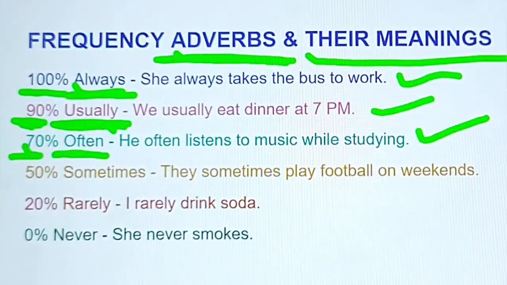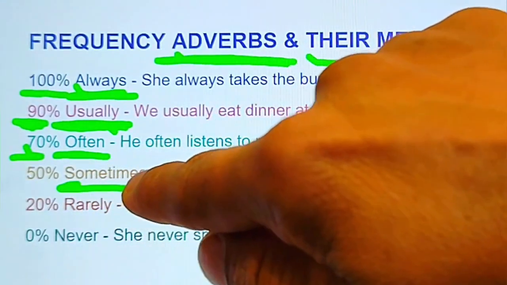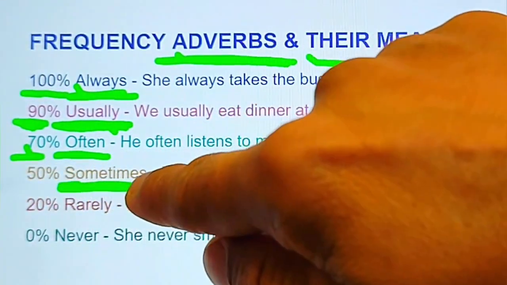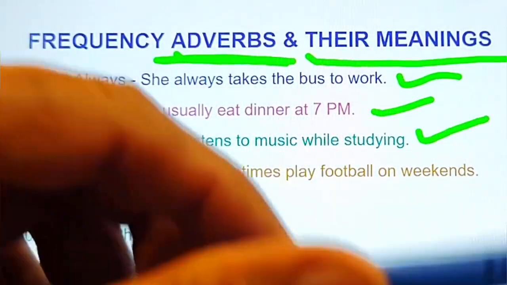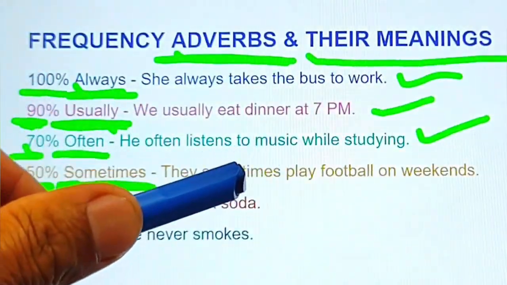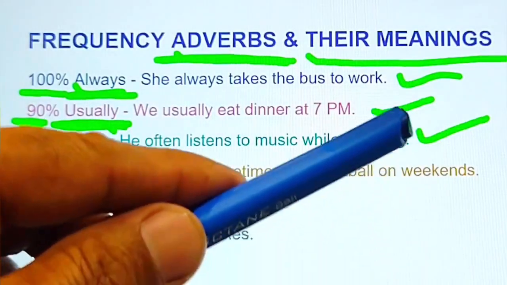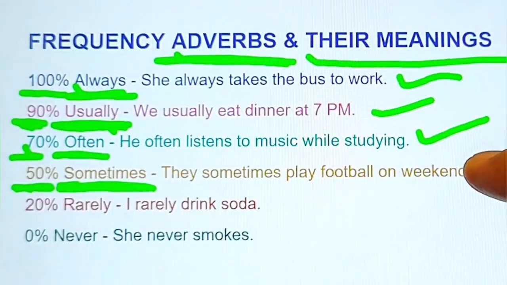And next adverb here is sometimes, and sometimes, the probability of happening is 50%, a half chance of happening.